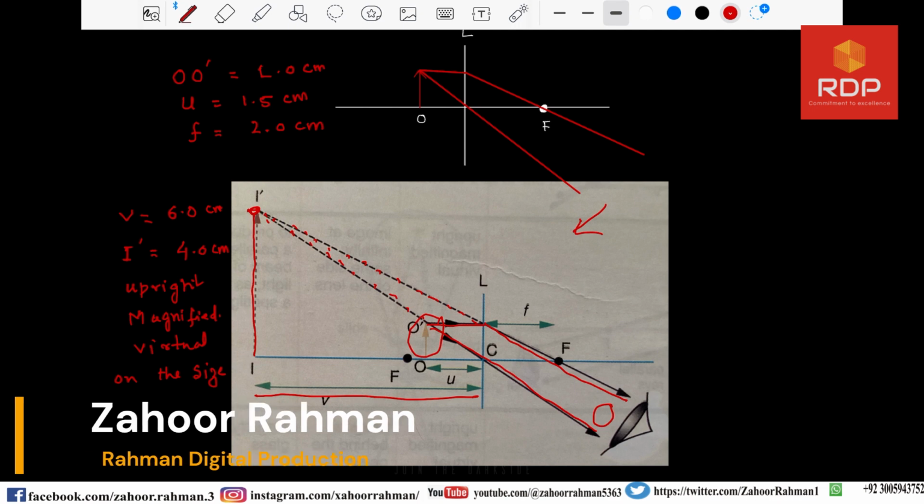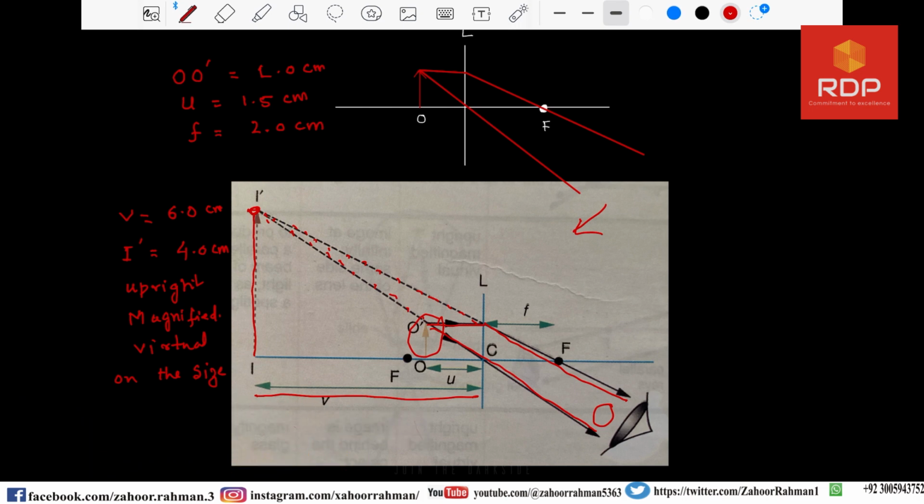So on the same side of the lens, behind the object. Yes, it is behind the object.